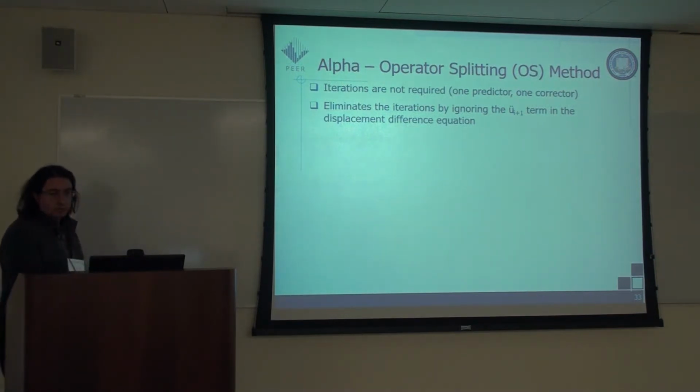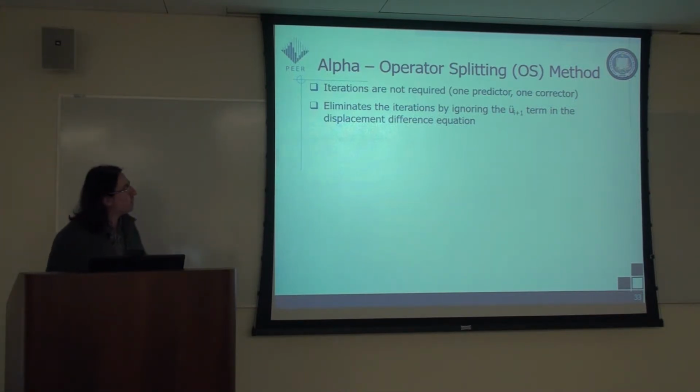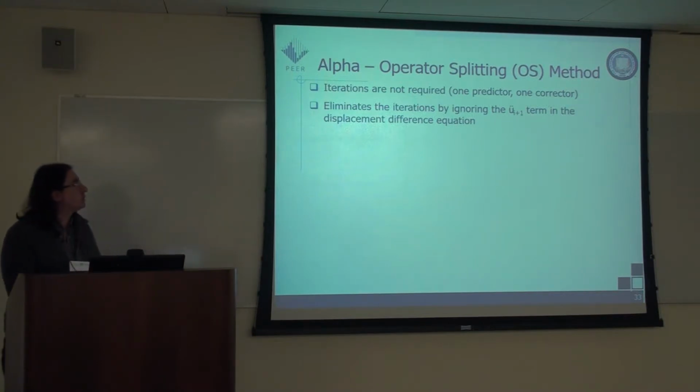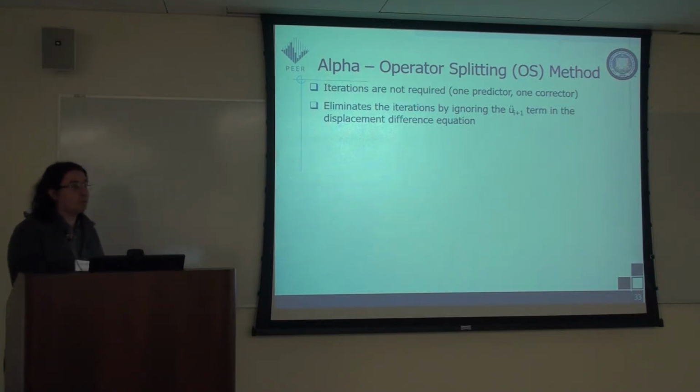The next one is the operator splitting method. Also, it doesn't require iterations. It consists of one predictor step and one corrector step. Just for information, this eliminates the iterations by ignoring the acceleration term for the next time step in the displacement difference equation.